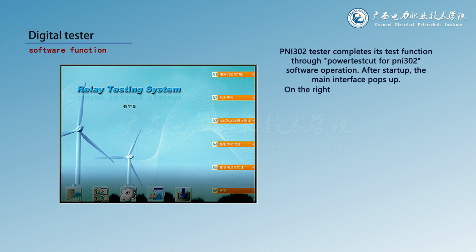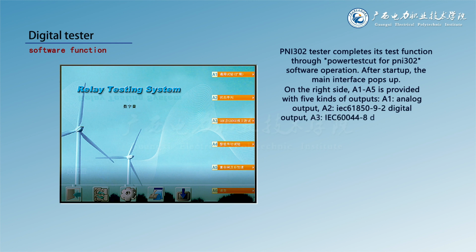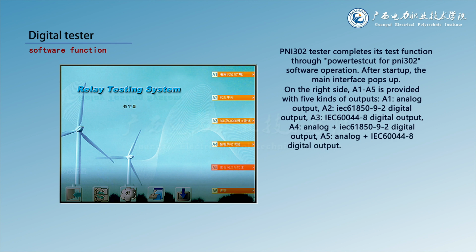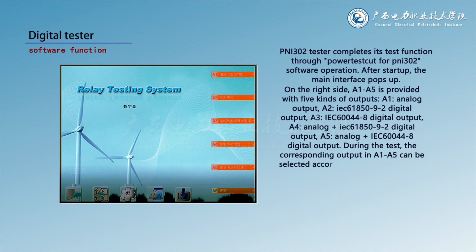On the right side, A1 to A5 provide 5 kinds of outputs: A1, analog output; A2, IEC 61850-9-2 digital output; A3, IEC 60044-8 digital output; A4, analog plus IEC 61850-9-2 digital output; A5, analog plus IEC 60044-8 digital output. During the test, the corresponding output in A1 to A5 can be selected according to the input type of the equipment to be tested.